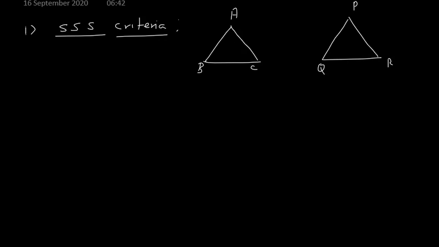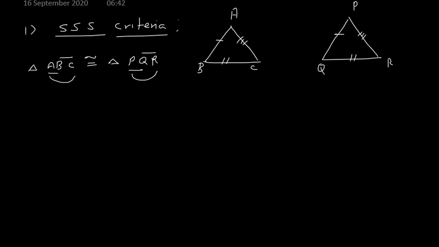AB length is the same as length of PQ, length of BC is same as length of QR, and length of AC is same as length of PR, then triangle ABC will be congruent to triangle PQR. Correspondence you have to maintain: AB corresponding to PQ, BC corresponding to QR, and then AC corresponding to PR. Okay, so triangle ABC is congruent to triangle PQR.